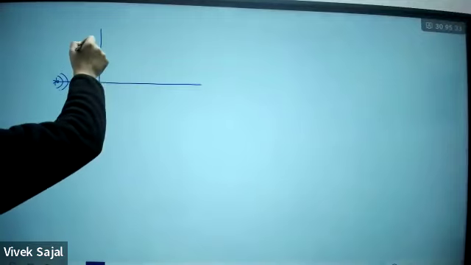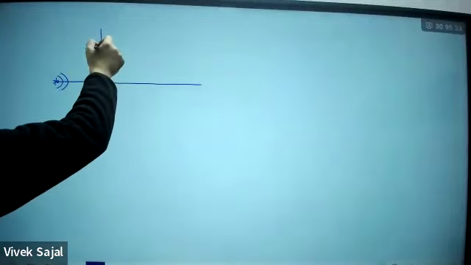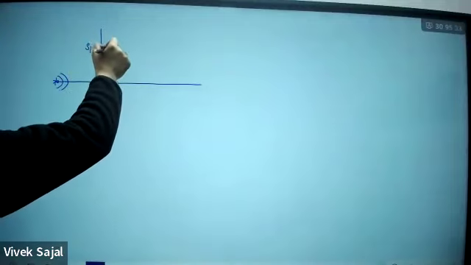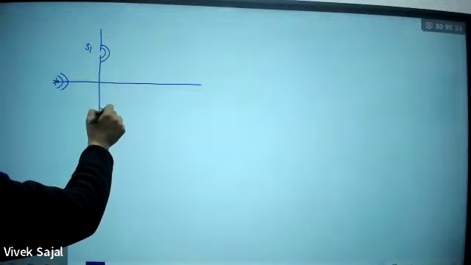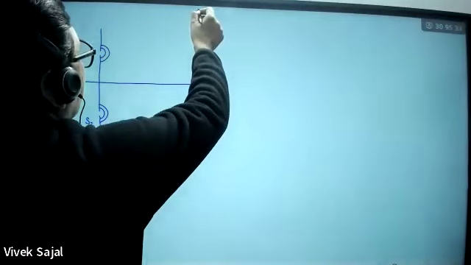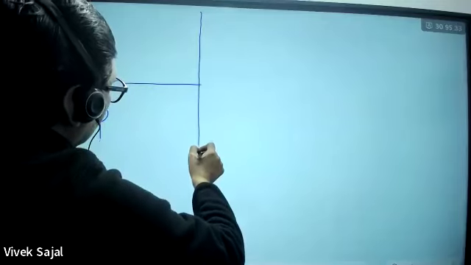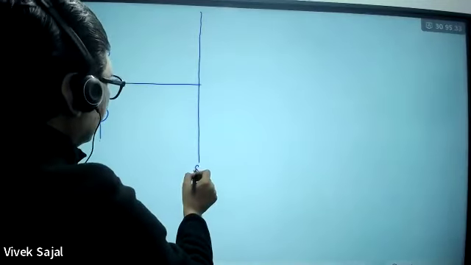This is the S1 slit, this is S2, and they are acting as coherent sources S1 and S2. And here is the screen. Here we have placed the screen.